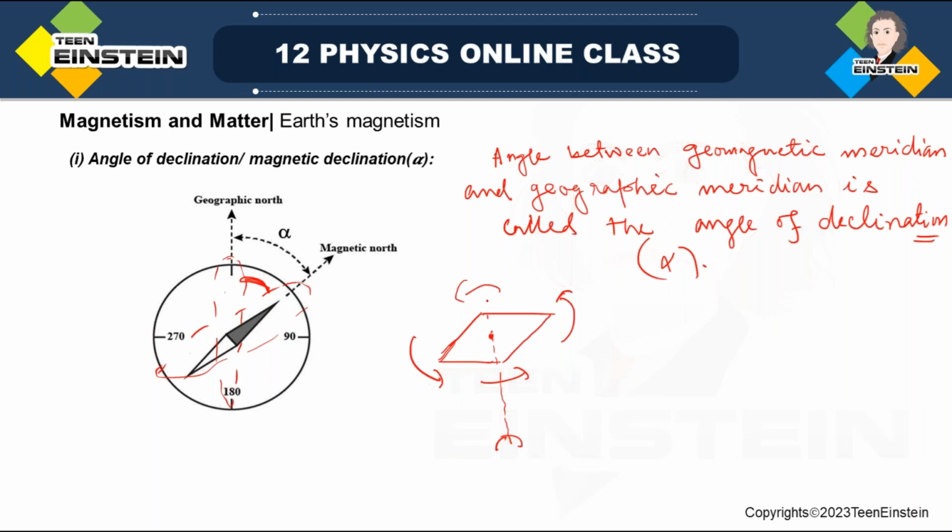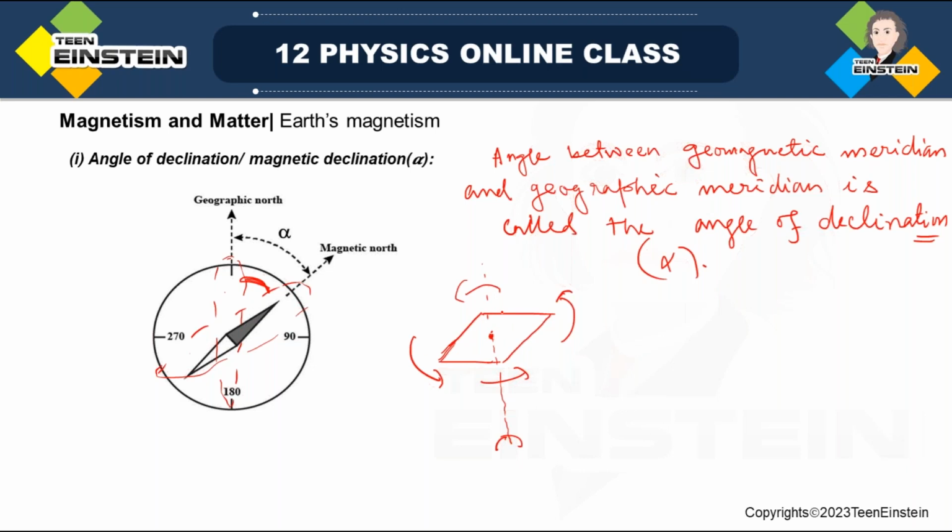And this axis is obviously vertical. Now the angle which is made by the needle with the geographic north south direction, you know geographic north and south directions.